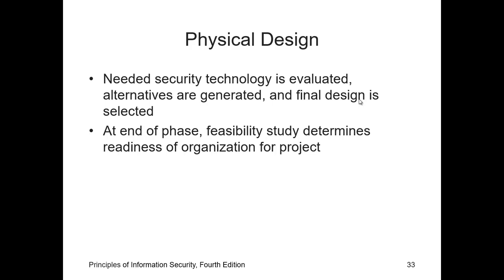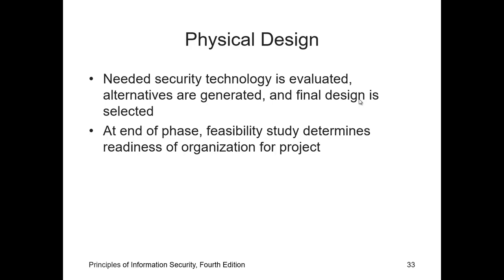Criteria needed to determine the definition of successful solutions is also prepared during this phase. Included at this time are the designs for physical security measures to support the proposed technological solutions.